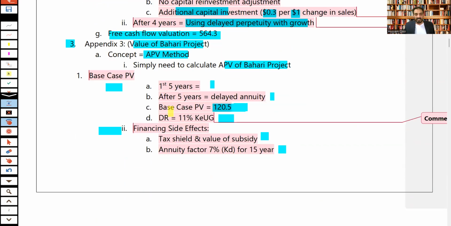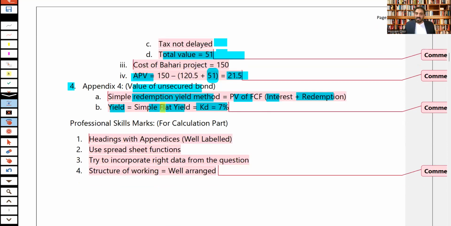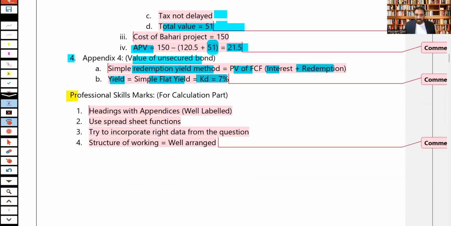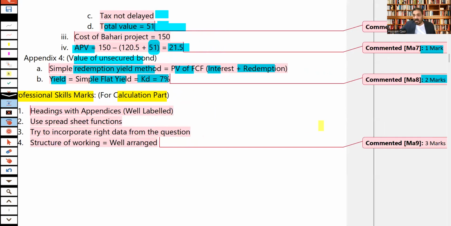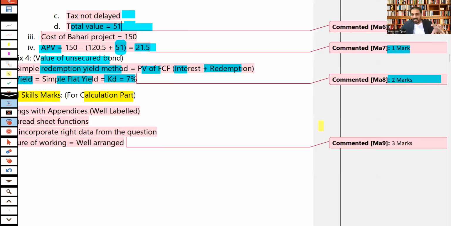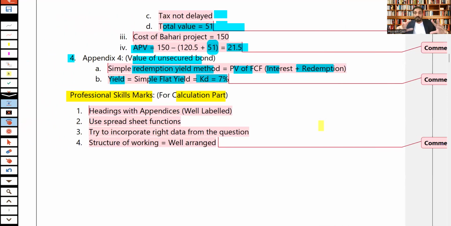Now the second important thing, with this calculation part, what about the professional skill marks for the calculation part? If this is 19 marks for appendix, you have a margin to get 3 marks of the professional skills related to calculation. But be conscious about these 4 points.